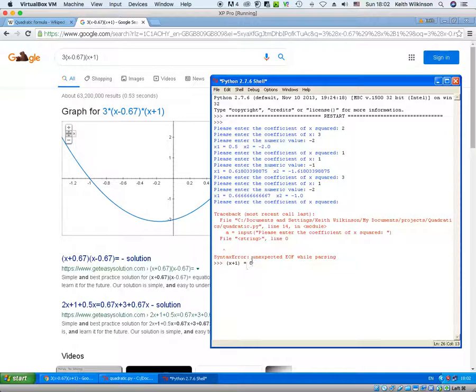And the same happened with the other one. I'm just going to round it a little bit. So what we had in the other equation was x equals 0.67. So what I did was I took off 0.67 from this side and took off 0.67 from this side.